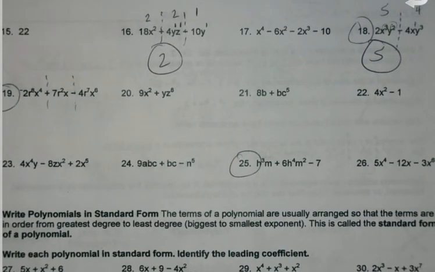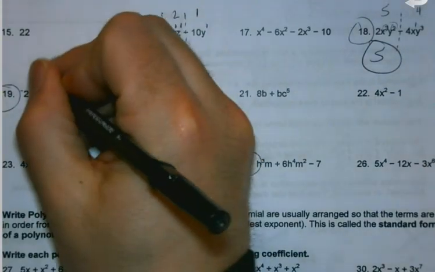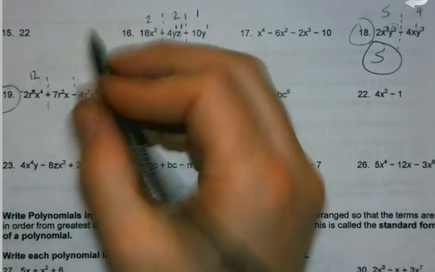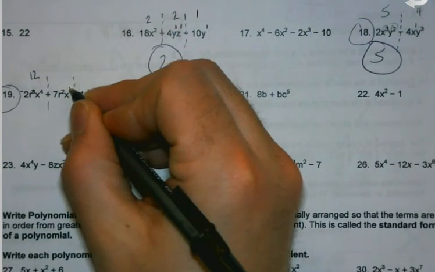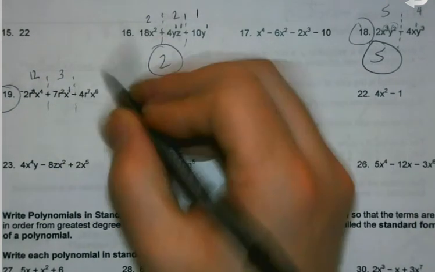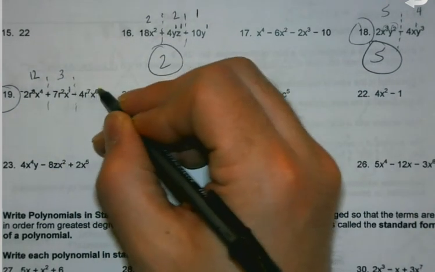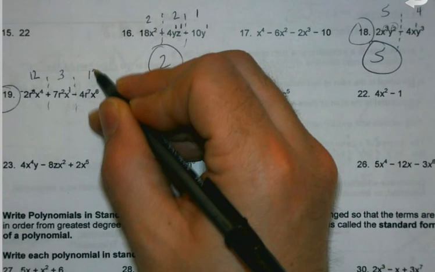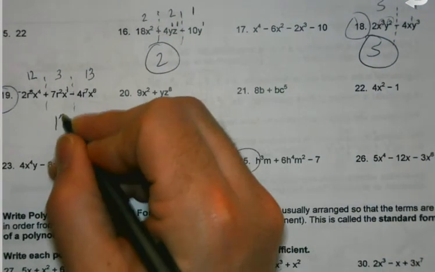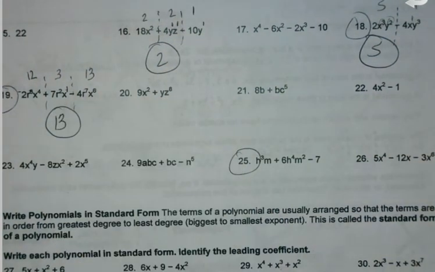So like if we were doing 19 then, okay, what would be my degree on the first term? 12, I'm just adding exponents. Just keep telling yourself I'm adding the exponents. My second term would be 2 plus 1, or 3. Yep, and then my last one is 7 plus 6, which is 13, and I only want the biggest one.